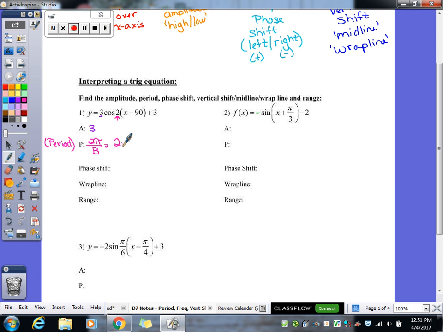So our period would be 2 pi over 2, which reduces to pi. With a period of pi, you're going to have one complete curve from 0 to pi, and then it repeats itself after that. But you get one entire curve in that period.